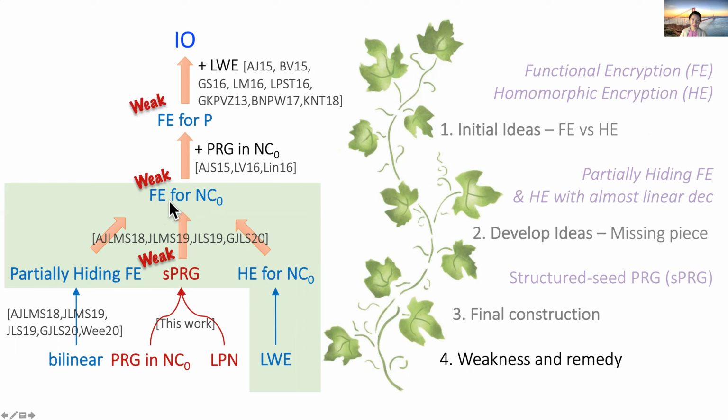And using previous works, this gives us a full-fledged FE for evaluating polynomial size circuits that also has a rather inverse polynomial large distinguishing gap. And the saving grace is that we can actually use a security amplification technique to boost back the security all the way to negligible indistinguishability, and then it implies IO.